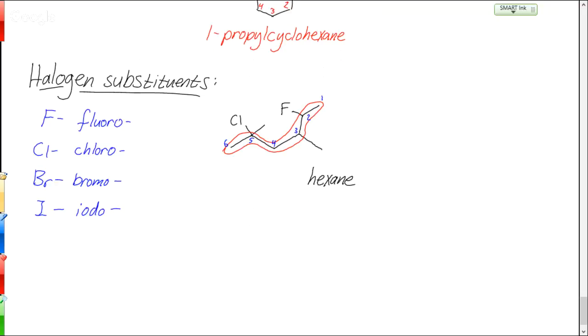And the things attached are in alphabetical order. 5,5-dichloro, 2-fluoro. I'm going to run out of room. 3-methylhexane.